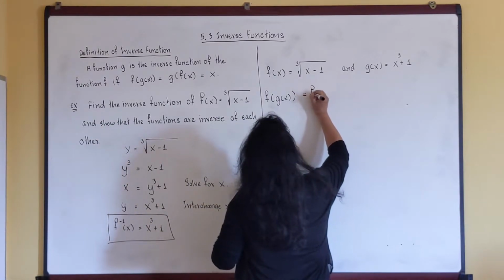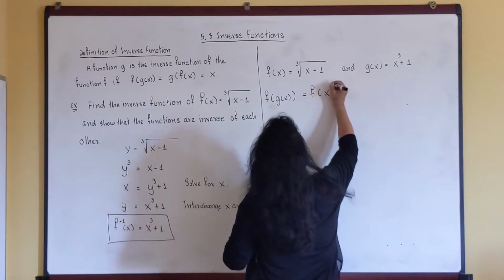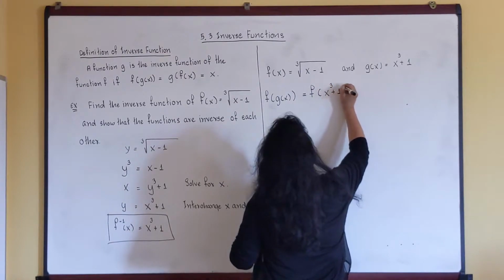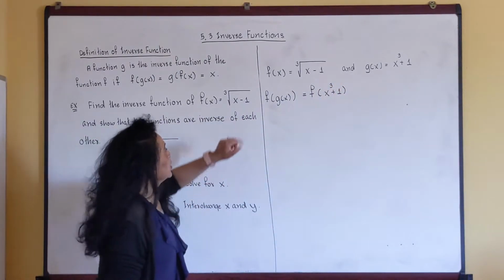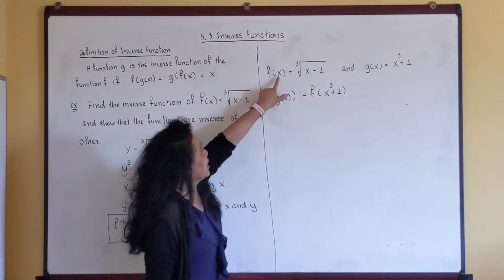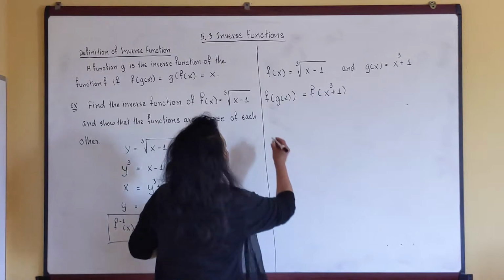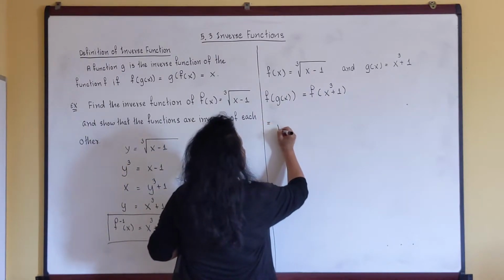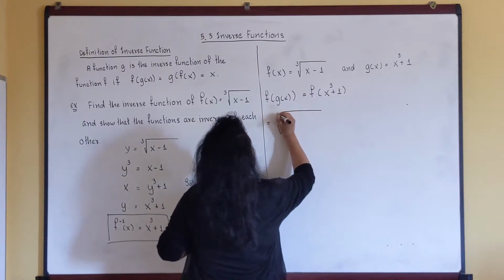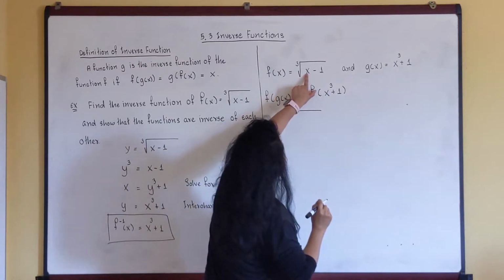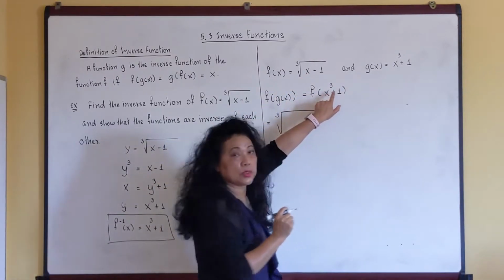So I'm going to have f of x cubed plus 1. Now I'm going to go to my f function. Whenever I see x, I replace by x cubed plus 1. So I'm going to have cube root. Instead of x, I'm going to have x cubed plus 1.